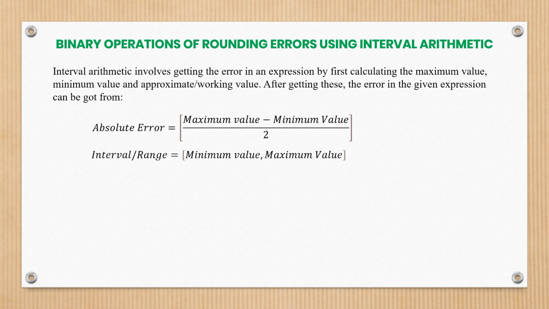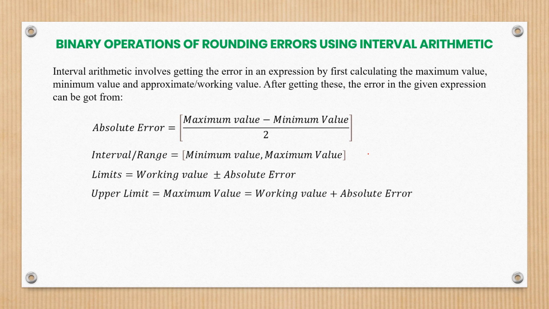Interval or range shall be equal to the minimum value, comma, to the maximum value. That's how we find the interval or range. Just know that the words interval and range are interchanged depending on the question, but they actually mean the same thing. Then the limits can be got from working value plus or minus absolute error. Upper limit shall be equal to maximum value.